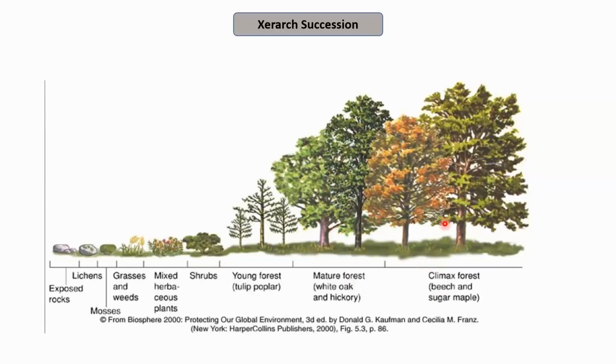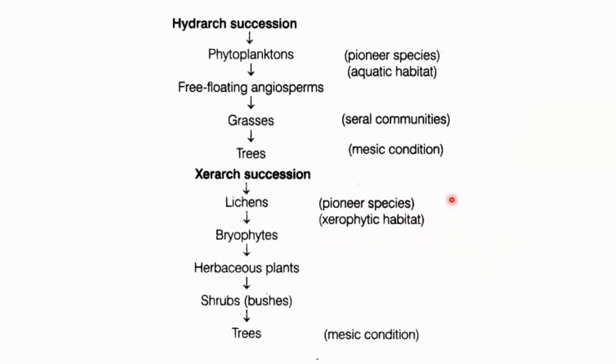Even in the case of xerarch succession, what we see is that the climax community is the forest. So be it the hydrarch succession or the xerarch succession, the pioneering species in both are different, but the climax community is represented by the trees. In hydrarch succession, phytoplanktons came, which are the pioneer species.